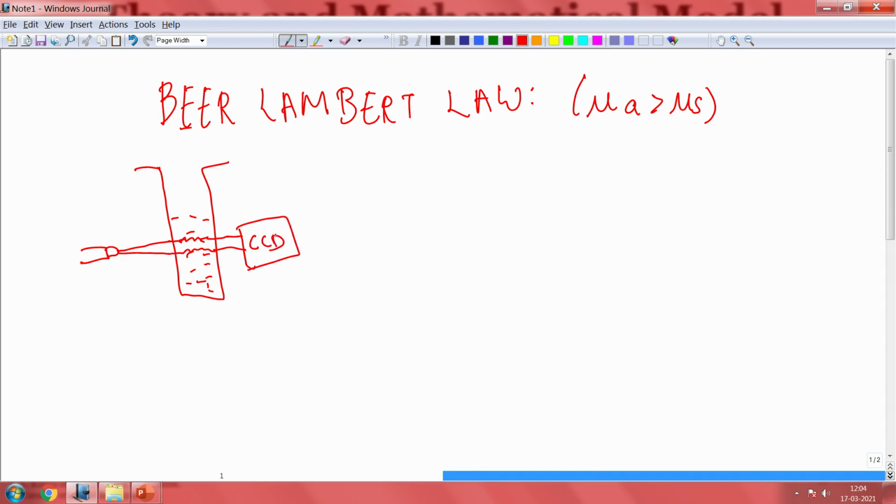It could be a CCD, for example, charge coupled device, and what we see over here is the light intensity, that is I naught, and the light which is getting detected by the detector. So, over here this will not be I naught, it would be I. Now, if I want to relate this I with I naught, that is the final and the initial, how do I relate it?